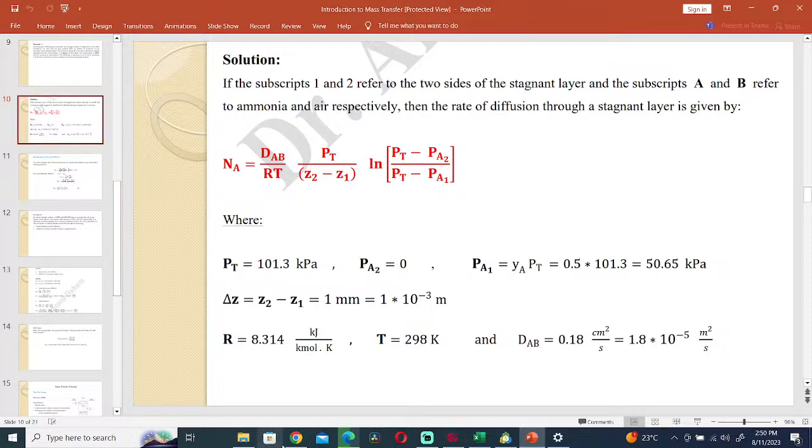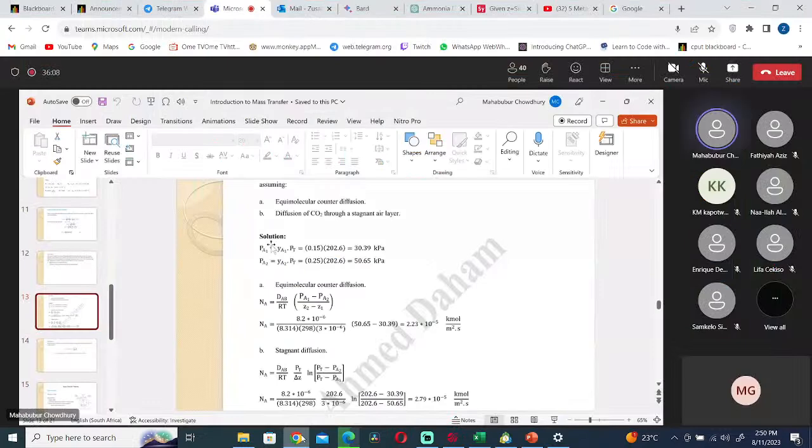So your PA1, the pressure at 1, is YA1 multiplied by the total pressure, with 15% carbon dioxide concentration there. So your PA1 is 30.39 kilopascal.